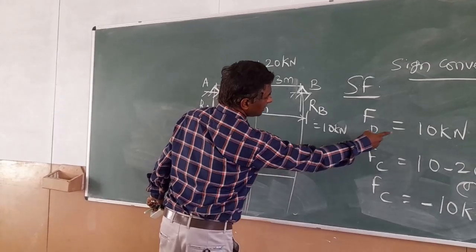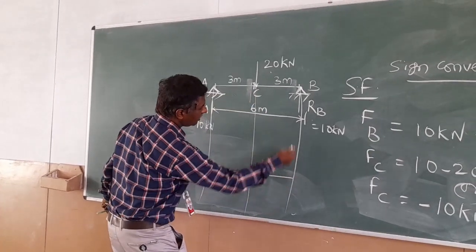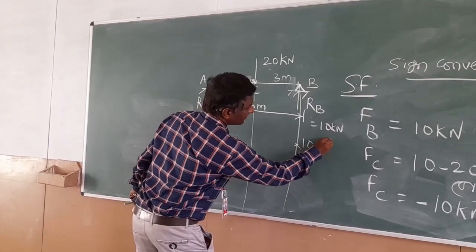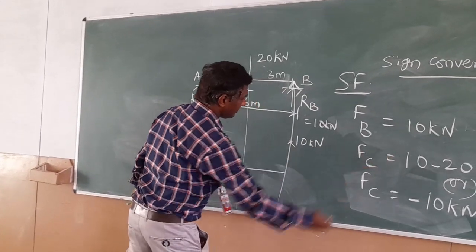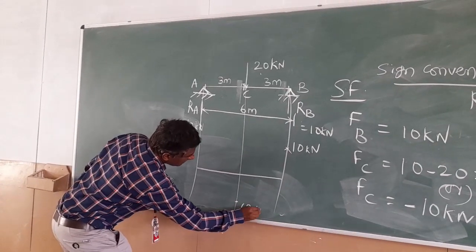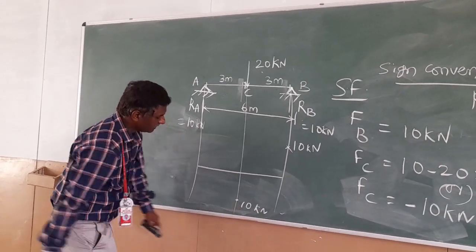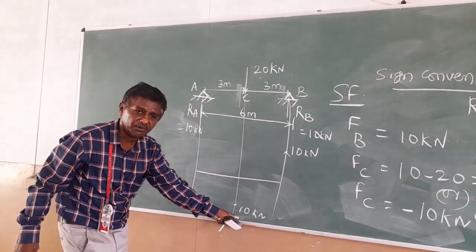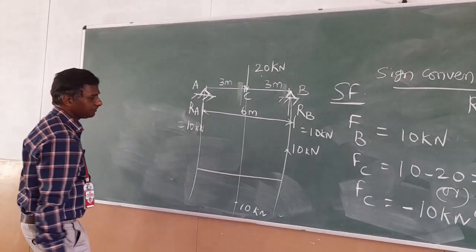The shear force at B equals 10, so upward is positive. Let's take 10 kilonewton, and at FC it is minus 10. So here it comes down, but I am not writing minus because it goes below the zero line. Okay, so that indicates it is negative.